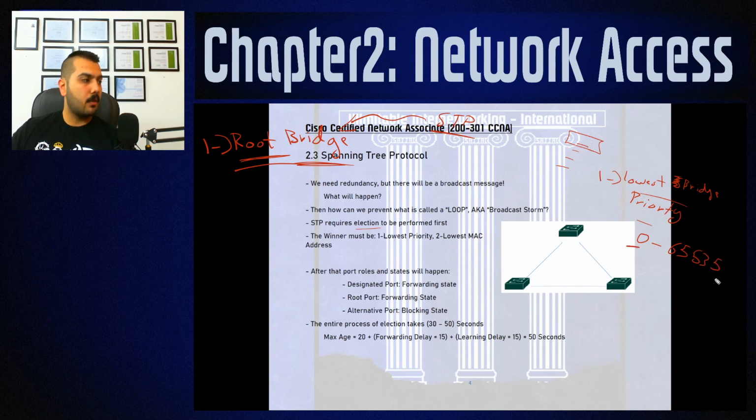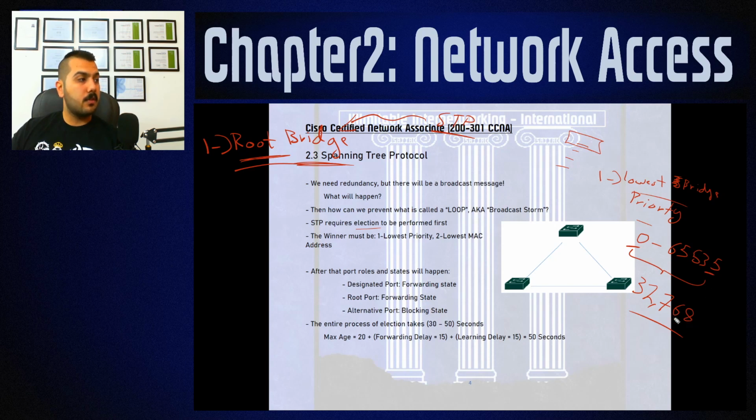Since it starts from 0, it goes up to 65,535. But by default, if you did not change the number yourself, then in Cisco devices out of the box it will be 32,768. We will just check it in the lab in Packet Tracer.